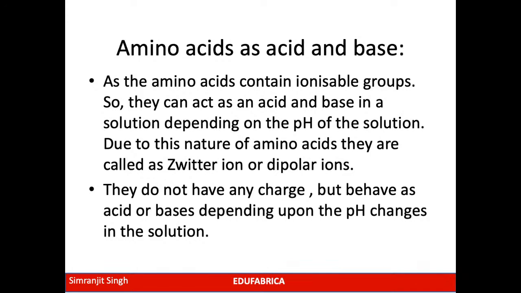As amino acids contain ionizable groups, they can act as an acid or a base in a solution depending on the pH of the solution. Due to this nature, they are called zwitterions or dipolar ions. They do not have any net charge but behave as acids or bases depending upon the pH changes in the solution.